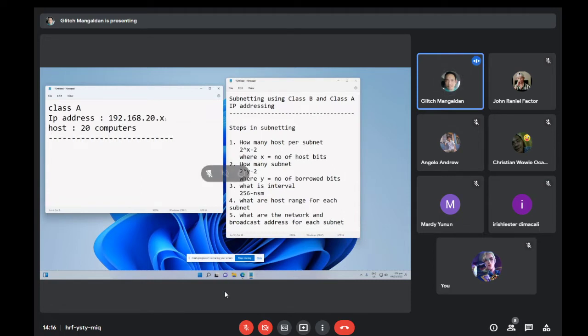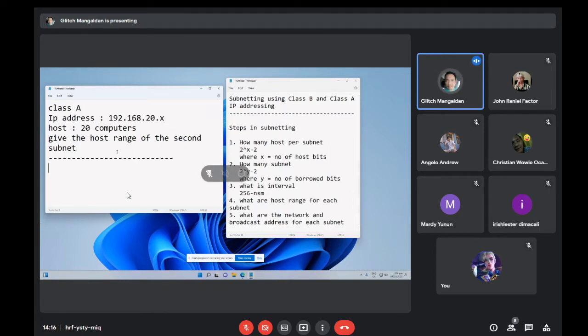Now, ang kailangan natin makuha is the host range of the second subnet. So yung second subnet yung gagamitin natin for the host range.